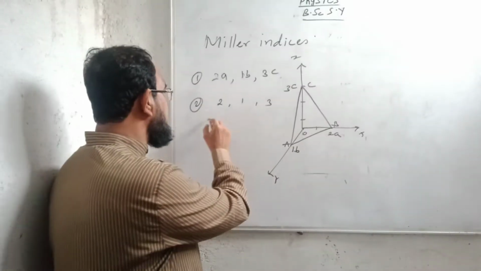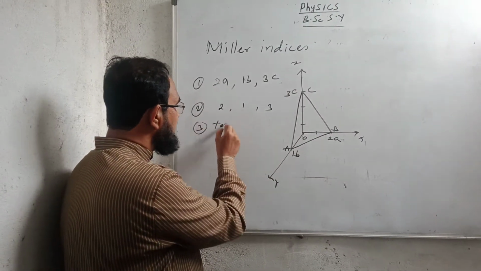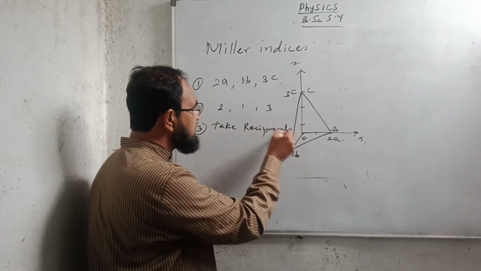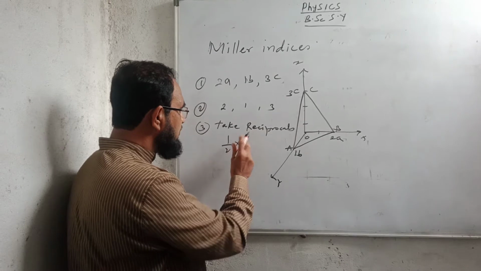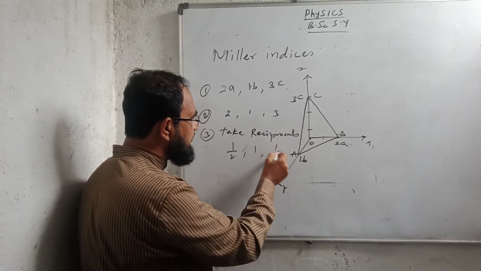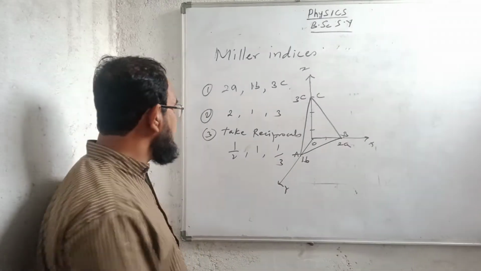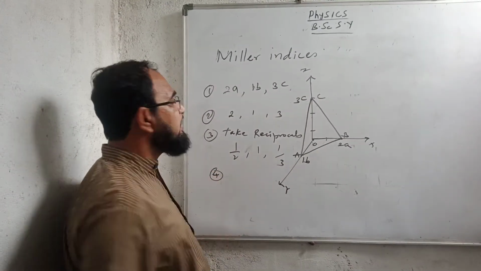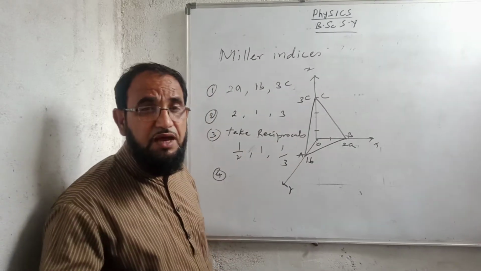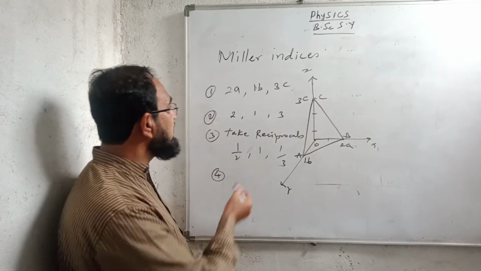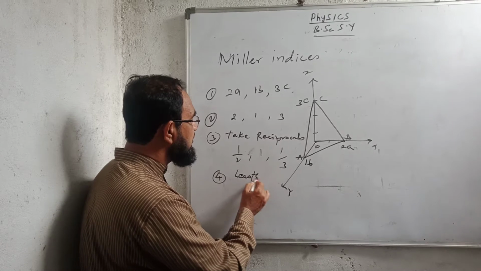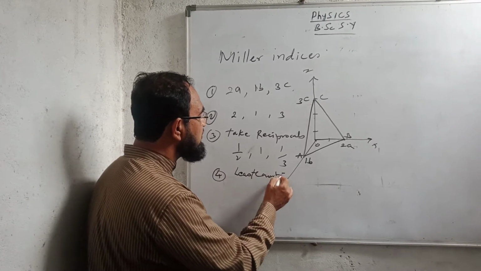Then, in the next step, take the reciprocals of these numbers, that is 1 by 2, 1 by 1 which means 1, and 1 by 3. Then in the fourth step, take the least common multiple and multiply each number by it. The least count is 6.